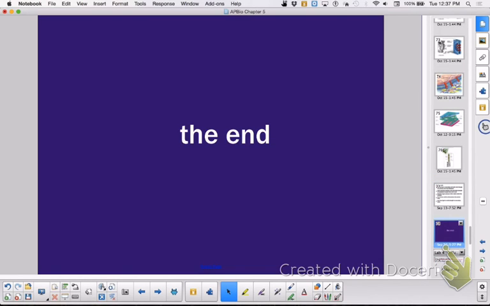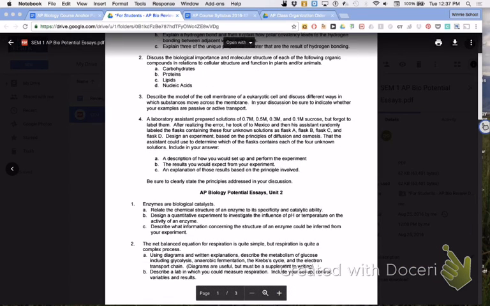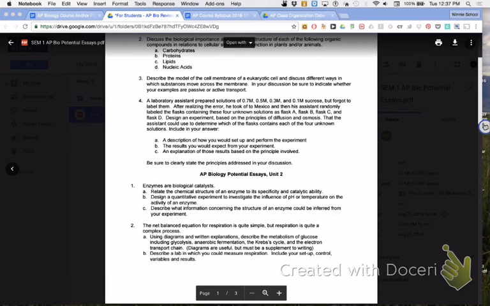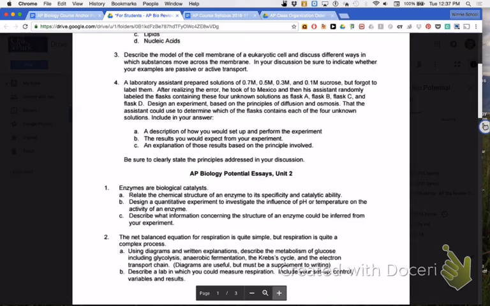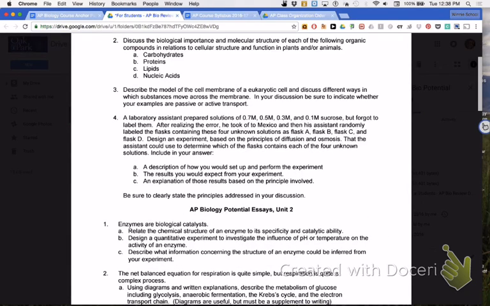Okay, I want to talk about your essays real quick. Potential essays, number 3 says, describe the model of the cell membrane of a eukaryotic cell. What is that model called? The fluid mosaic model.